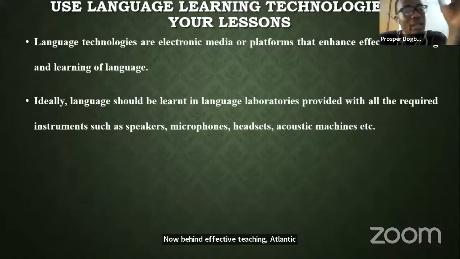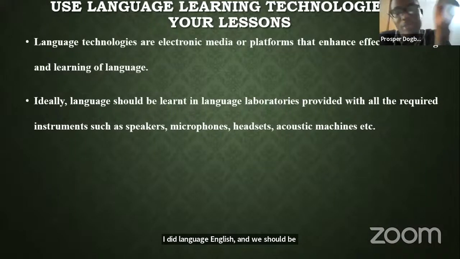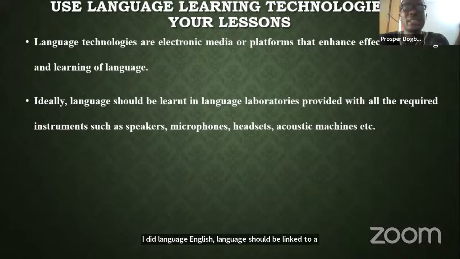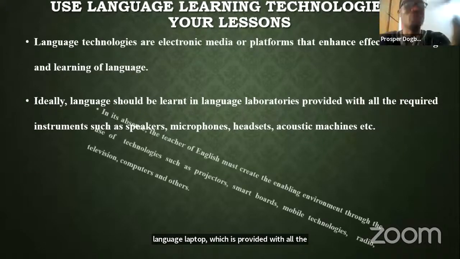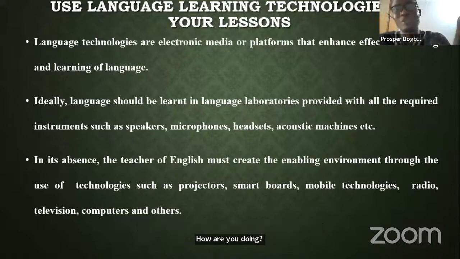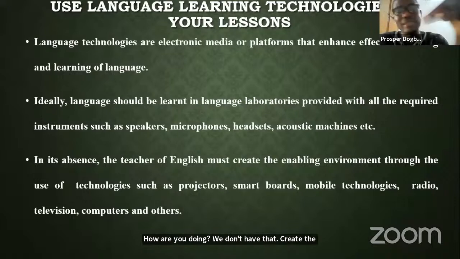Ideally, English language should be learned in a language lab, which is provided with all the required instruments such as speakers, microphones, headsets, machines, and all that. But when you do not have that, what must you do? Create the enabling environment through the use of the technologies that we have.